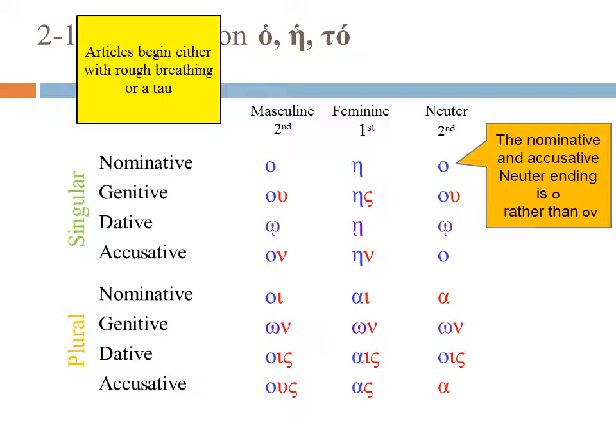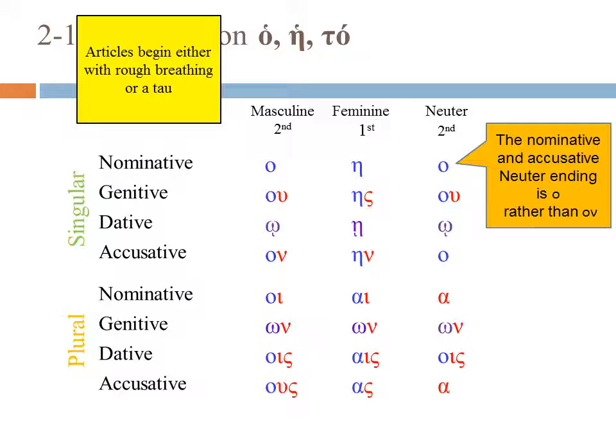Now let's look at changes. The article must begin with either rough breathing or a tau. Now remember, rough breathing is Greek's way of doing an H. If a vowel begins with rough breathing, it has an H in front of that word.